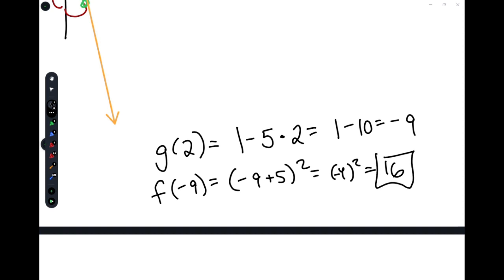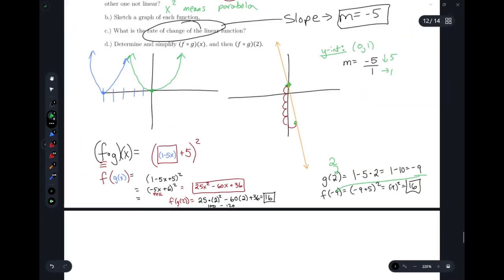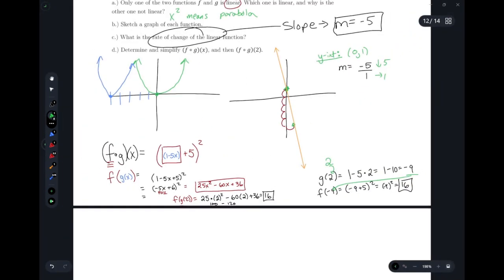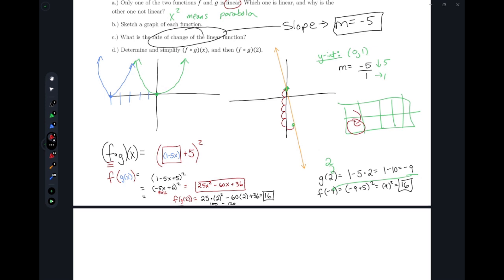Is that the same answer? Oh, so that looks like the easier way. We plugged 2 into g, and then we took that answer and plugged it into f, right? We went from the inside, working our way out. Different way to do the same exact type of problem. I prefer that. I do it step by step. Or if you're working on a table, remember that one? We did the same problem with a table, where you would do it once, and then you take that number and find it up here and do it again.